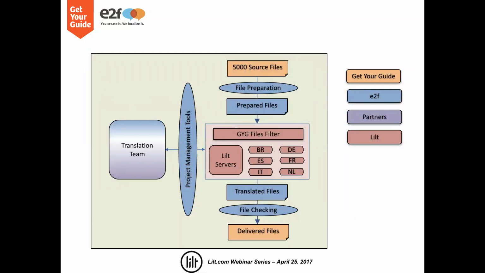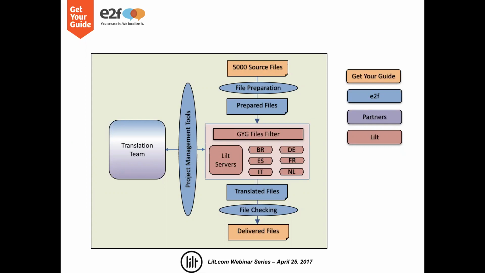And if we look at a more detailed level on how it happened between E2F and LILT, it sounds maybe a little bit more complicated from this graphic, but it was basically easy. They put the files through a file preparation, a script or something. So basically they are converted to a translatable format. Then they apply all the LILT magic.